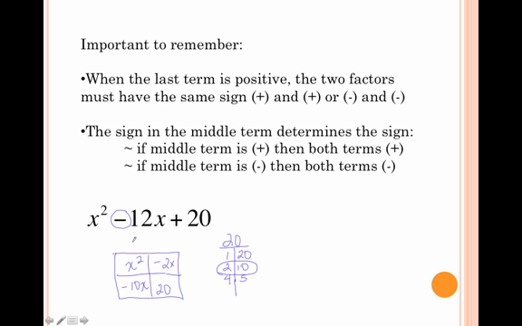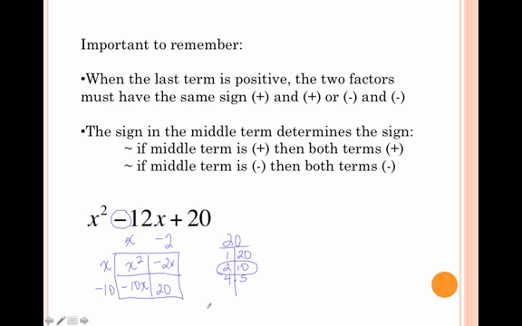Again, I'm going to factor these back out. I've got an x here and a 2 and a negative 2 here. I've got a negative sign here. If it's next to the negative, I've got to pull out a negative. Negative 2 here. I've got an x that's common to both, and I've got a negative sign right here, so I'm going to have to pull out a negative 10. So if it's next to it, pull out the negative.